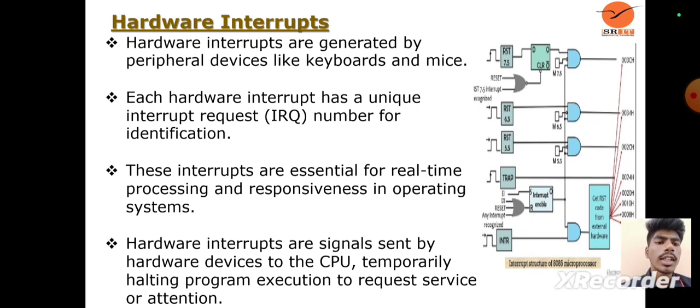Hardware interrupts are signals sent by hardware devices to the CPU, temporarily halting program execution to request services or attention. While observing this diagram, you may find the different gates performing and giving the output.